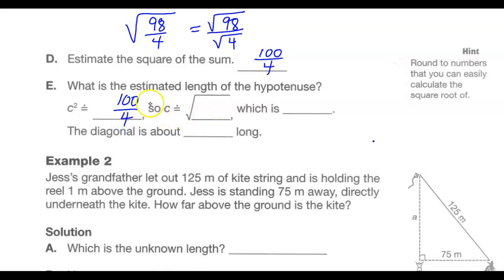Well, what's 100 divided by 4? You don't even have to take the root separately. 100 divided by 4 is 25, and the root of 25 is 5. So each diagonal is about 5 units, and the units are inches.